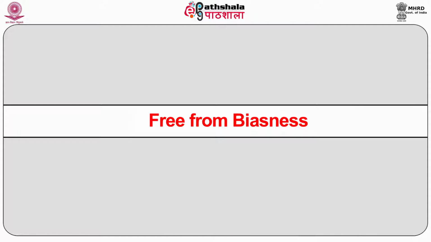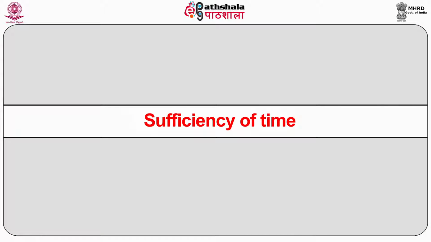Secondly, free from biasness. The responses provided by the respondents are given by themselves without the interference or the influence of the researcher, enabling the respondent to give a fair view and hence make it free from any prejudice or biasness. Thirdly, sufficiency of time.